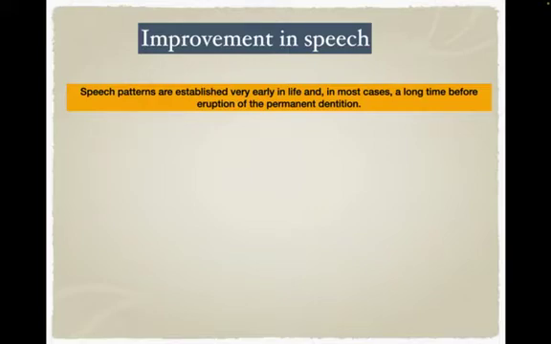Some of the kids start talking when they are 3 years, and they do full sentences when they are still in the primary dentition. So the speech pattern is established very early in life, a long time before the eruption of the permanent teeth. So how is speech problem connected and related to the malocclusion? So that's a weak association.